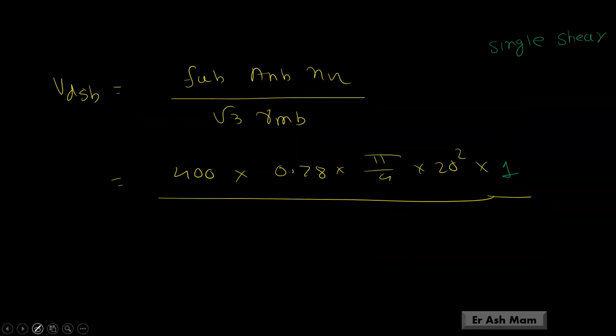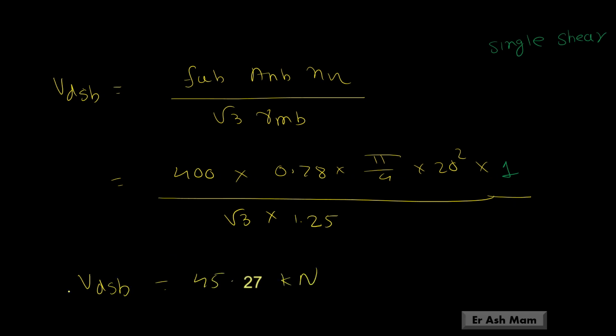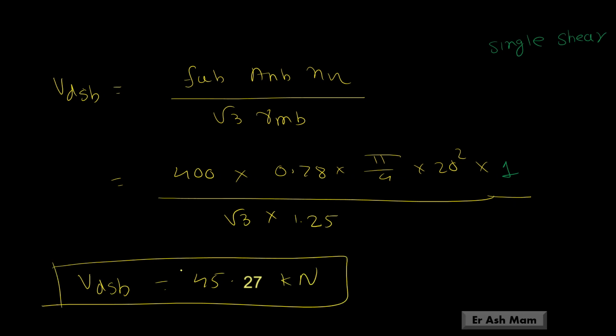Next, upon root 3 into gamma MB. The factor of safety for material of bolt is 1.25 according to IS. Therefore, after solving, you will get the design shear strength of bolt equal to 45.75 kilonewton. Okay, this is the first value, PDS.